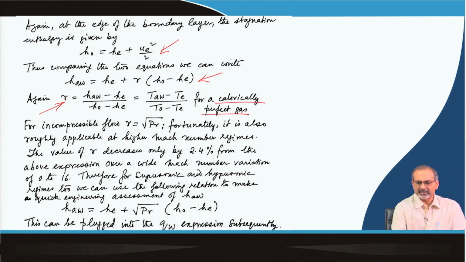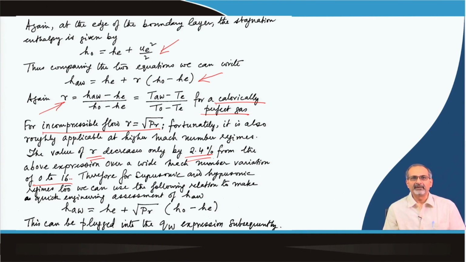For a calorically perfect gas, since Cp is constant, it can also be expressed in the temperature ratio sense. Now, for incompressible flow, we know that the recovery factor is under root Prandtl number, and here too we have a good fortune that the value decreases only by about 2.4% when we increase the Mach number from 0, that is for the incompressible case, to as high as 16 or so, which means it works both for supersonic as well as hypersonic regimes.